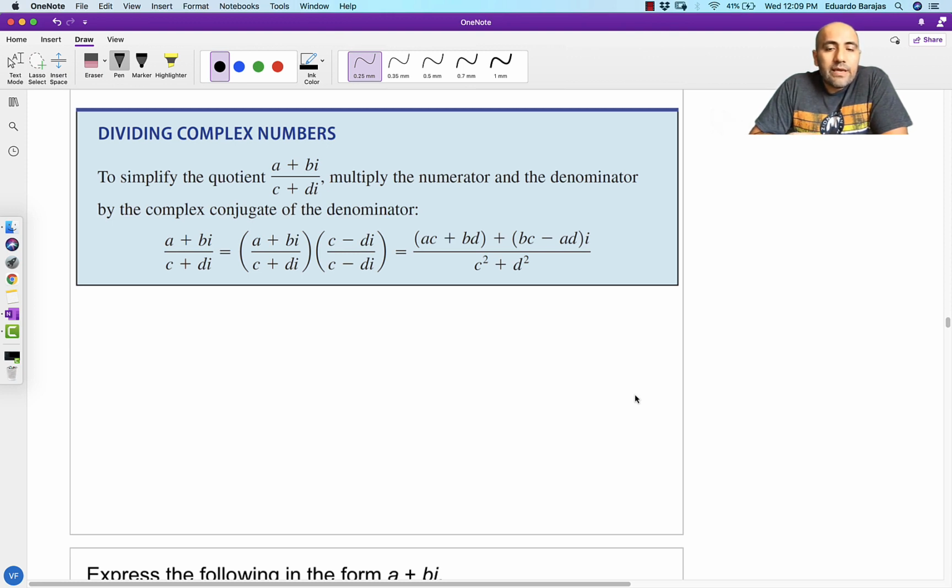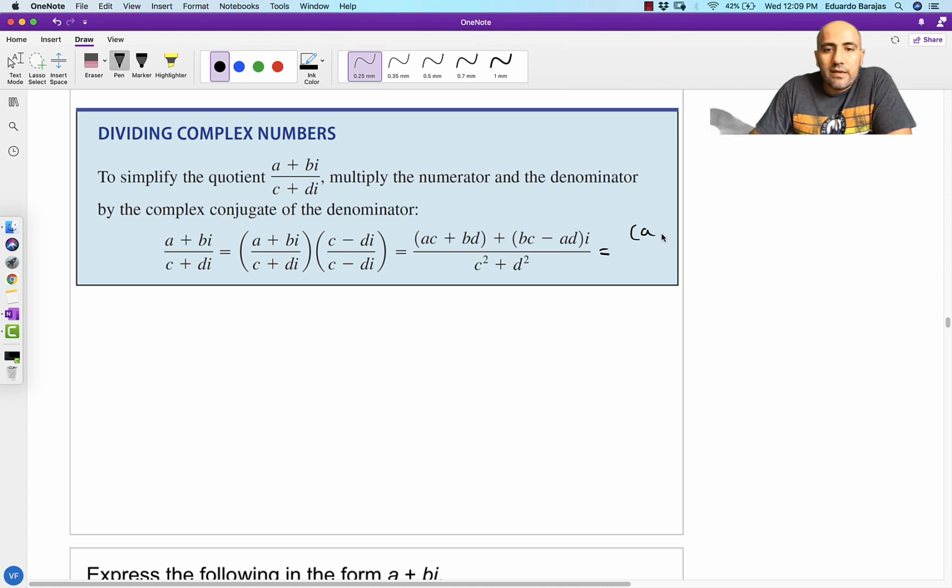And then you'll be able to break up the final result into two different fractions such that we have a number written again in complex form. In other words, this is going to be some number we can calculate with no i in it. So once they give us the a, b, c, and d, we'll be able to calculate this out. So we'll be able to separate this into two fractions.